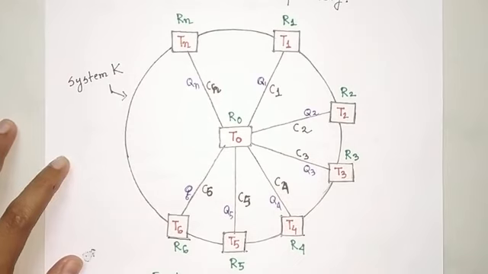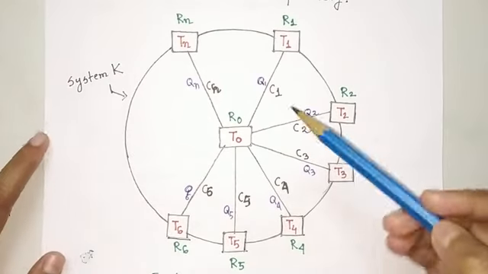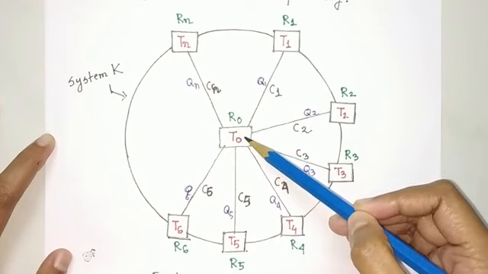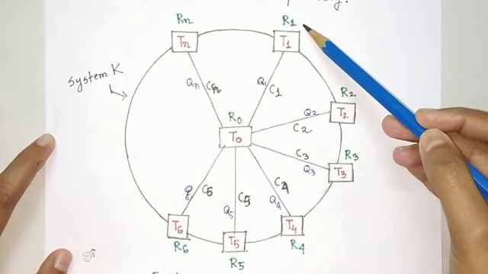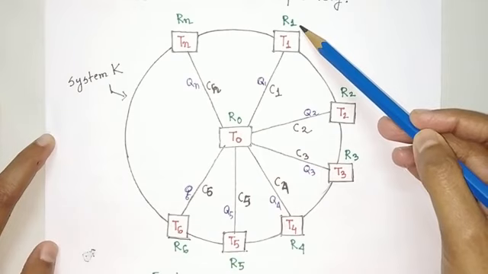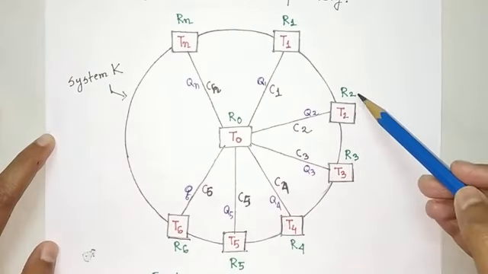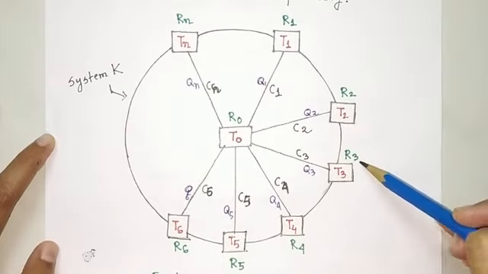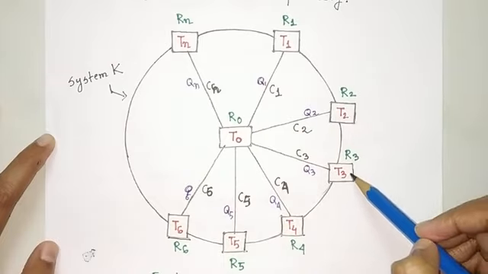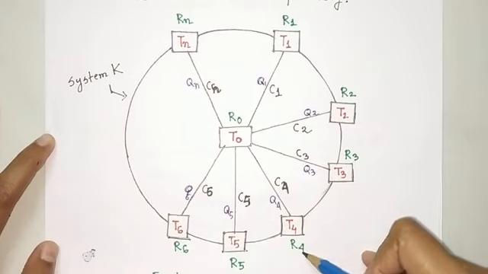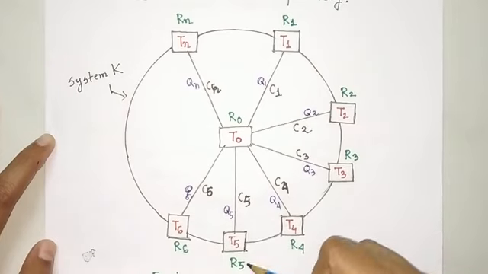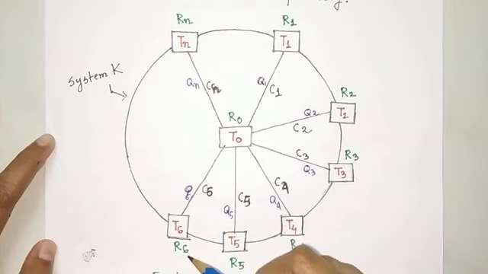Here you see we have this reservoir R0 at temperature T0. Then we have the R1 reservoir at temperature T1, reservoir R2 at temperature T2, reservoir R3 at temperature T3, reservoir R4 at temperature T4, reservoir R5 at temperature T5, and reservoir R6 at temperature T6.